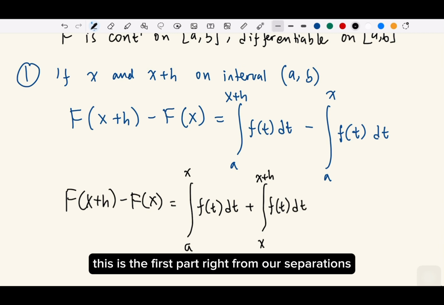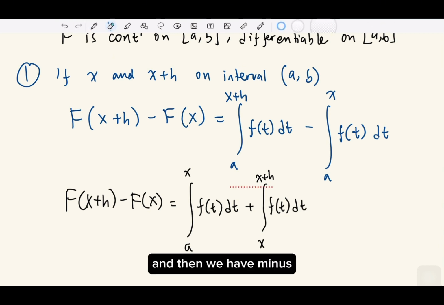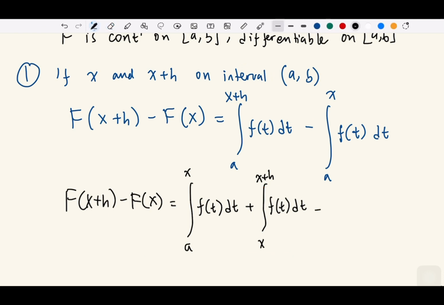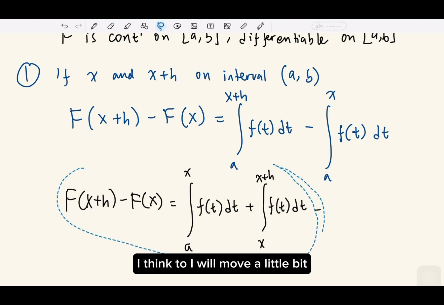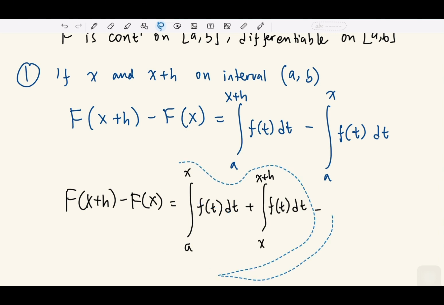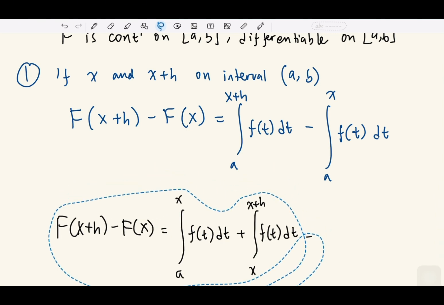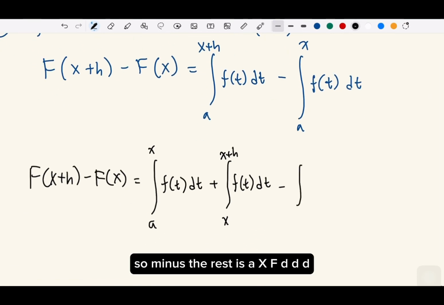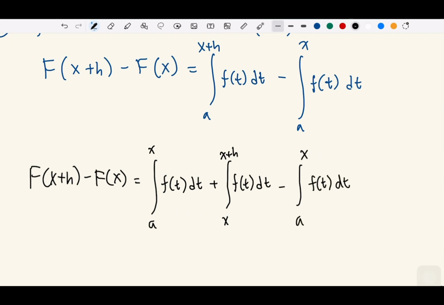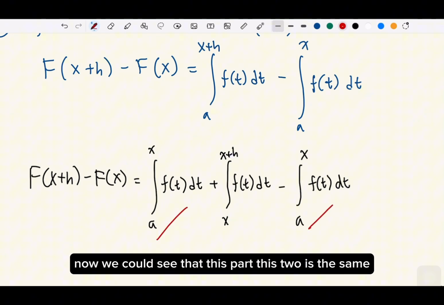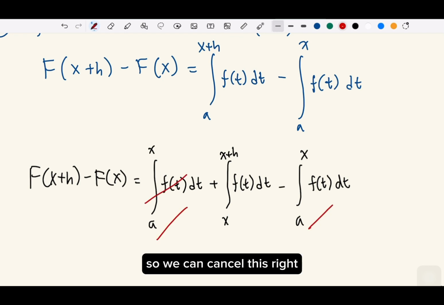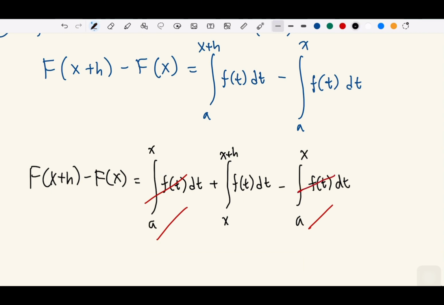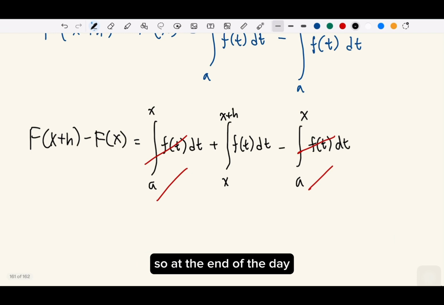From our separations. And then we have minus the rest, the integral from a to x of f(t) dt. Now we can see that these two parts are the same, so we can cancel them.